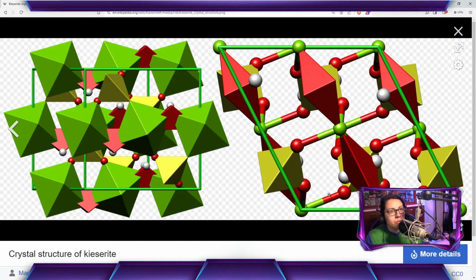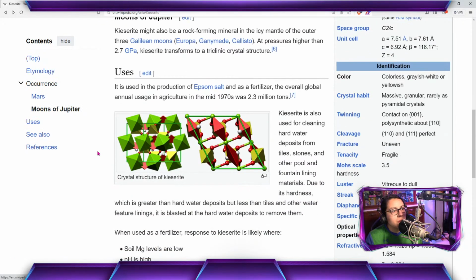Looking for our sulfate and our water. Sorry, they use different colors, so it's kind of strange sometimes. They didn't put a key. I think these are the sulfates. And I'm not quite sure where the waters are, to be honest. It just should be one water.